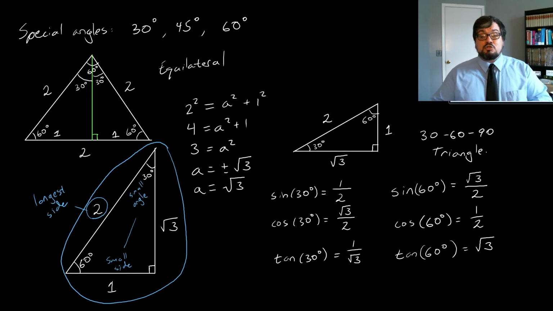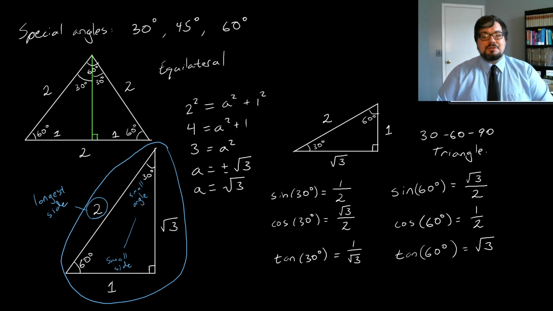Focus on memorizing the triangle, which encodes all that information and tells you 6 different trigonometric functions of 30 degrees and 6 different trigonometric functions of 60 degrees. It encodes a whole lot of information much more efficiently than just memorizing a collection of values. And it's going to be much more useful to us as we move forward in the course as well. So memorize the triangle, not the values of the functions themselves.